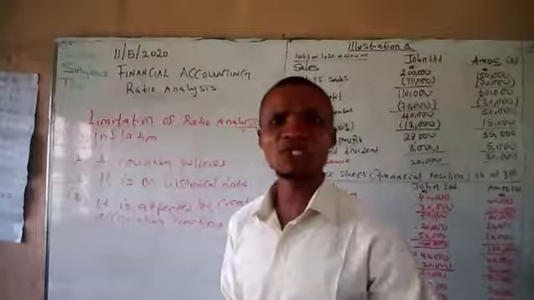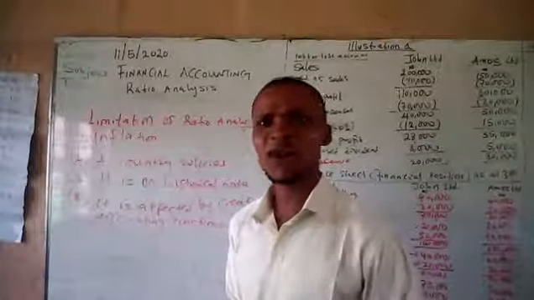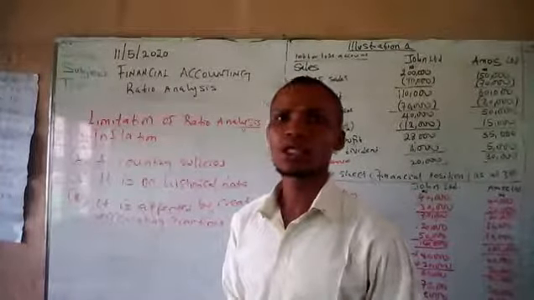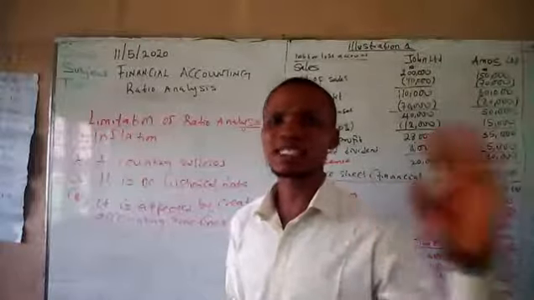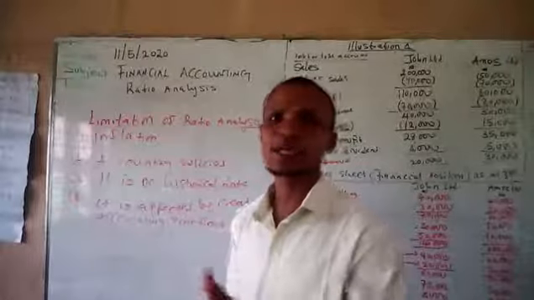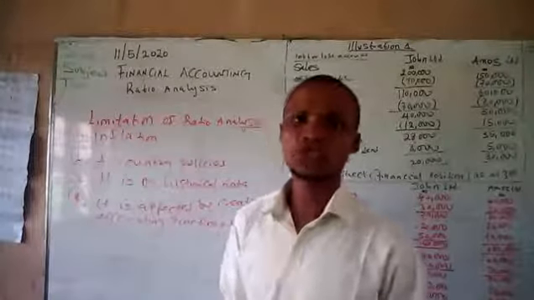Inflation usually has an adverse effect on the balance of payment of a country. So when there is inflation, the prices increase, and as such, the budget is affected. And this might not be useful in ratio analysis.